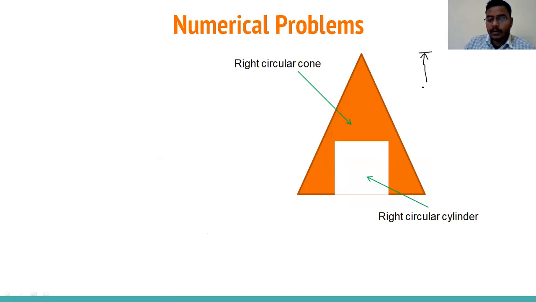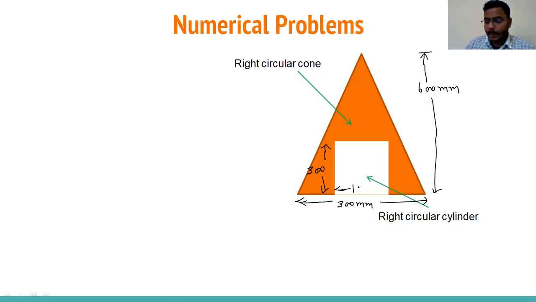Total height of the right circular cone is 600 mm. Its diameter is given, that is 300 mm. Height of the cylinder is given as 300 mm, and the diameter of the cylinder is given as 100 mm.